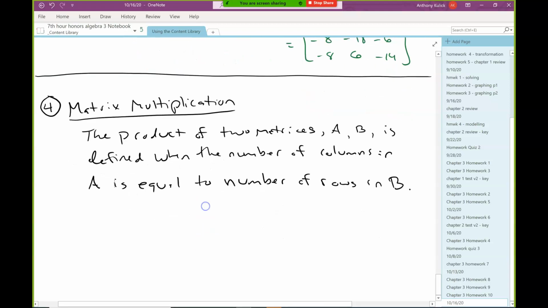So if A is a 2 by 3, and B is a 3 by 5, can we multiply these together? Yes. The number of columns in A and the number of rows in B is equal. This is defined. We can do this.